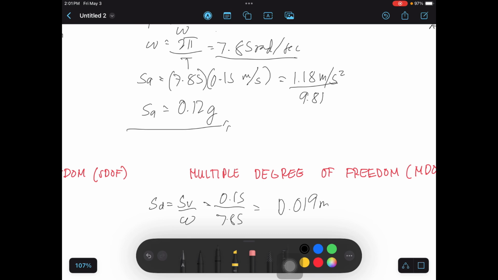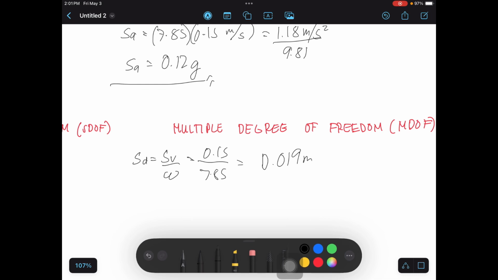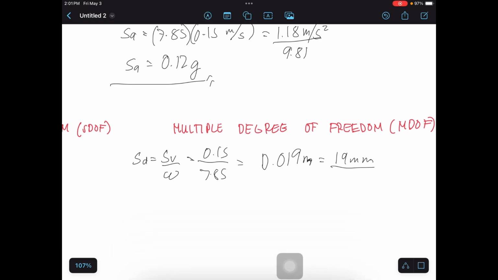So, you get SD na 0.019 meters. So, displacement is usually denoted using mm. So, convert natin siya into mm. So, we have 19 mm na maximum relative displacement.